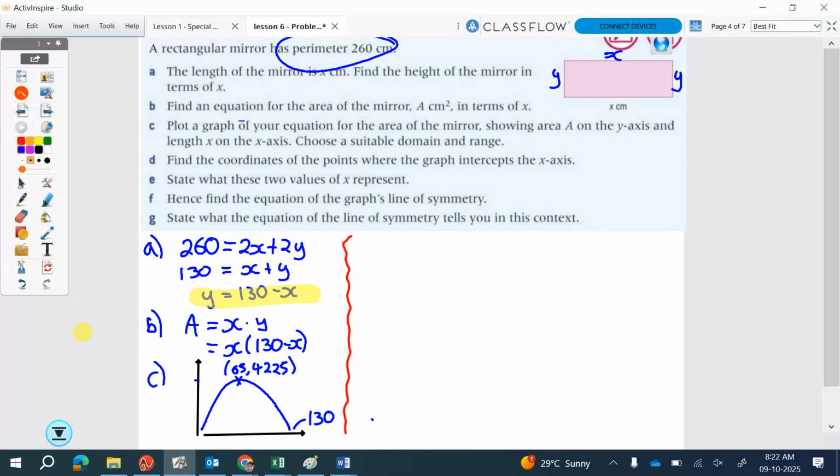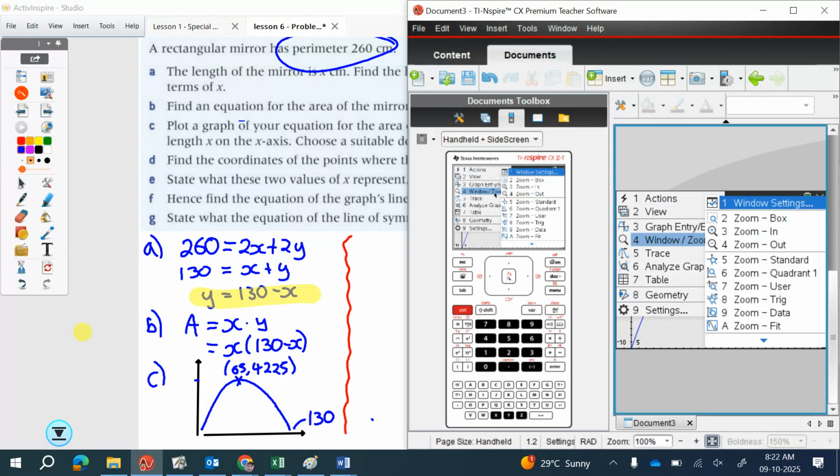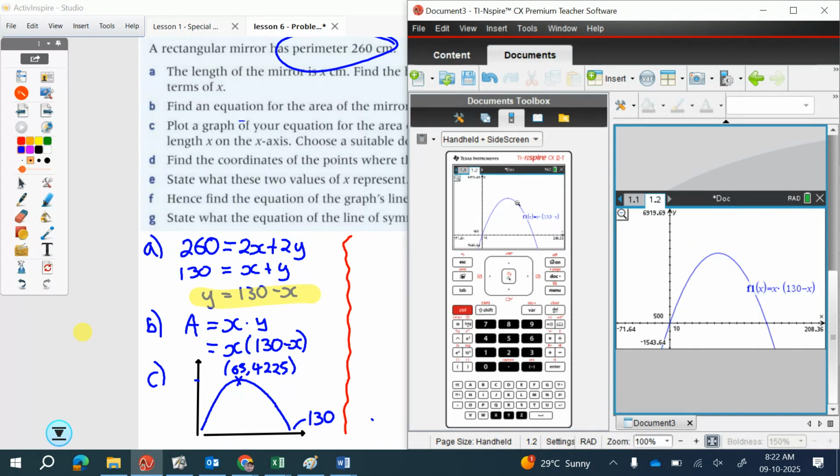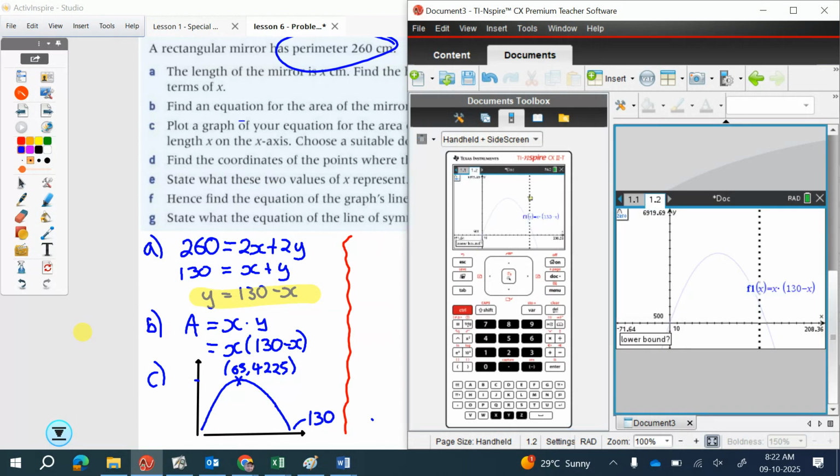Okay, so D, find the coordinates of the point where the graph intersects the x-axis. I did that through logic, but if you were just graphing this, I think an easy technique is to graph it and zoom out until you see it like this. Then we can use menu, analyze graph, find the zeros.